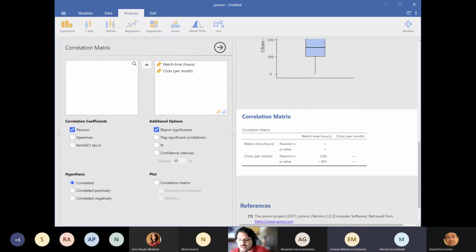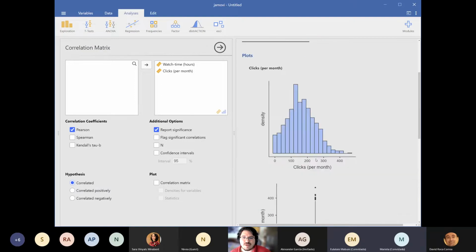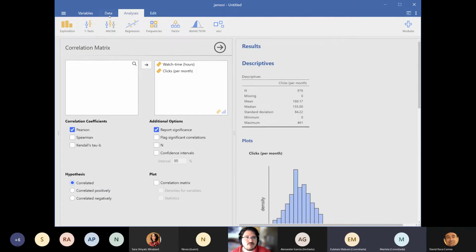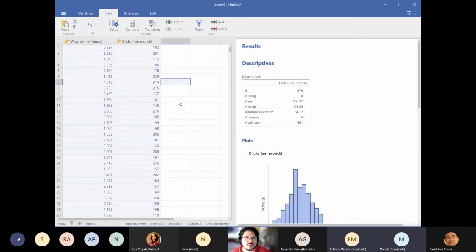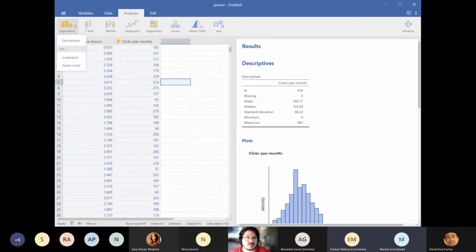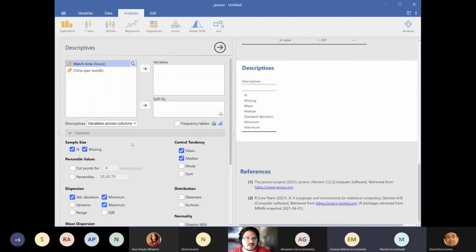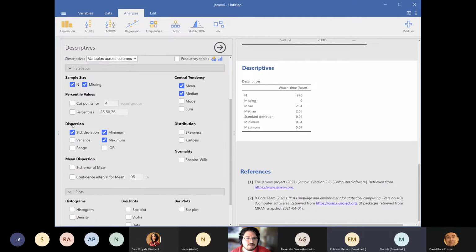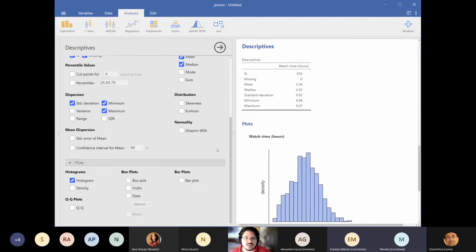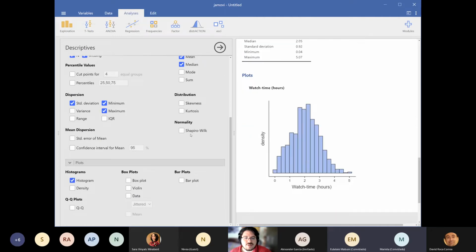Now that I have introduced the idea of p-value, I want to go back to an idea that we mentioned before. If we go to the data, to watch time, and we want to do a descriptive analysis of it as we did before, and we want to plot that histogram, there is a normality test.